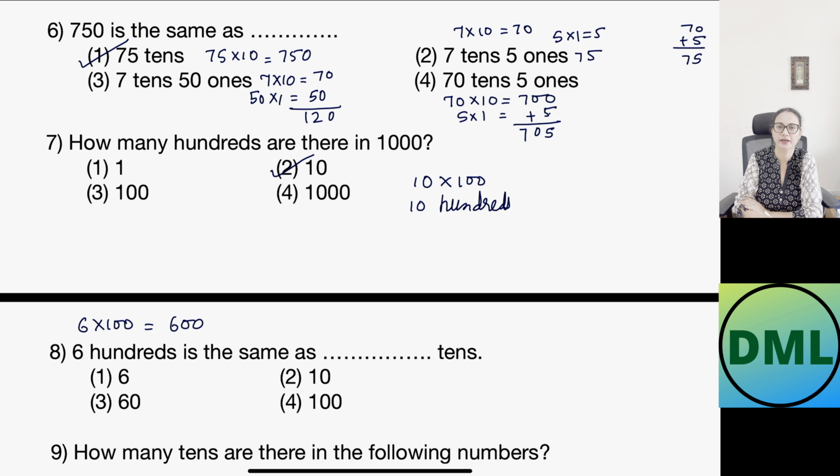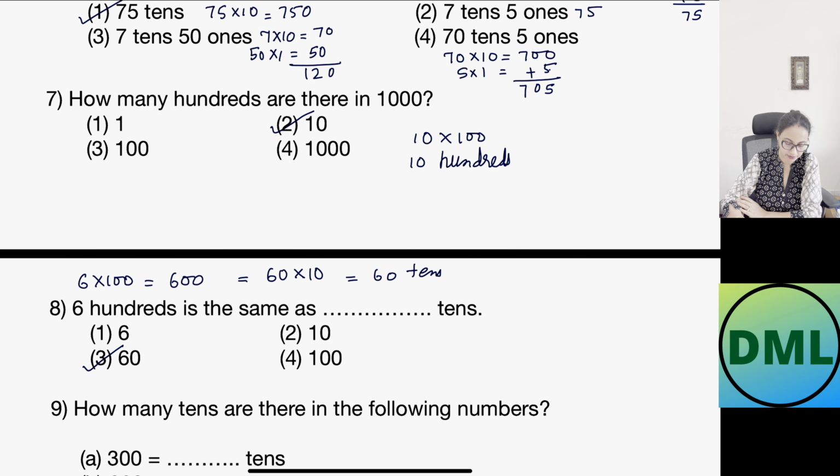That means I have to separate 1 0 out of that. This will be written as 60 multiplied by 10. This 10 will be written as tens. Let's write down here 60 tens. 600 is the same as 60 tens. What is my right option out of that? My right option is option 3. Let's take the third option here.